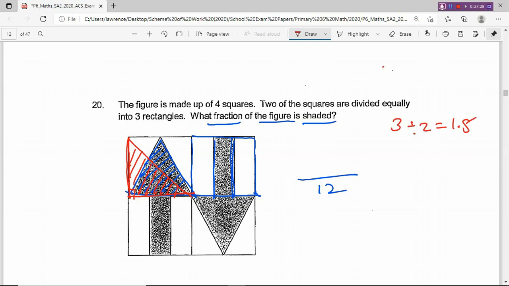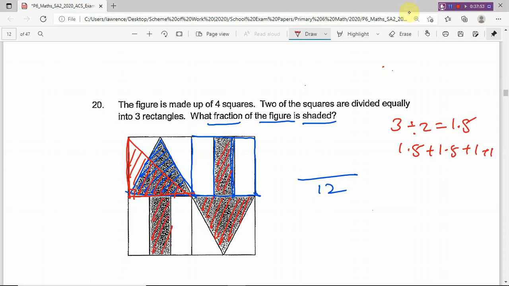Okay, and if 1.5 rectangles is shaded, I have another triangle, so I add another 1.5 rectangles. Okay, let me just write nicely. And I add 1 rectangle that you can see over here, another 1 rectangle.